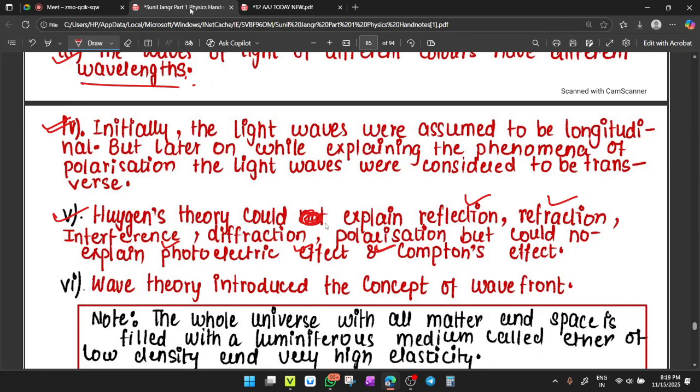So, with the help of Huygens theory, reflection, refraction, interference, diffraction, and polarization can be satisfactorily shown by the Huygens wave theory, but Huygens fails to show the photoelectric effect and the Compton effect.